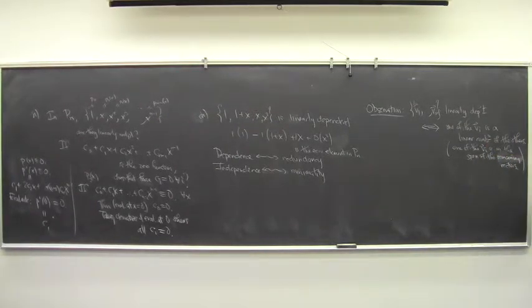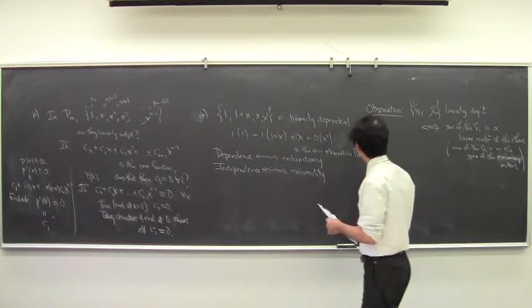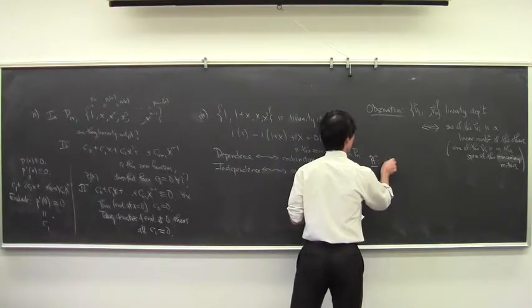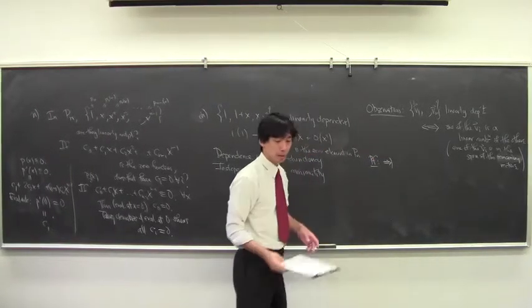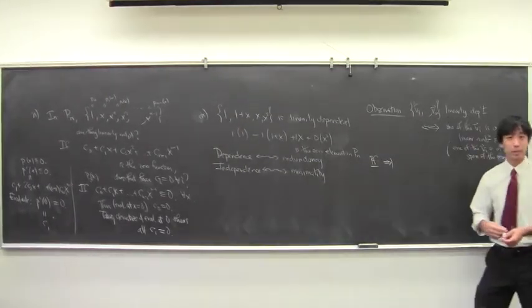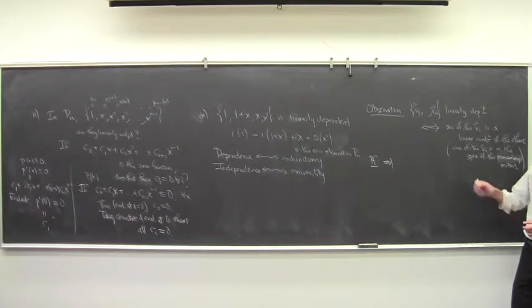One of the Vi's is going to be in the span of all the other guys. Okay. So let's just think about this. This is actually pretty straightforward. So I'll have you work through it.